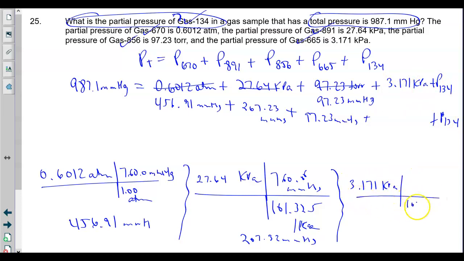I know there's 101.325 kPa for every 760 millimeters of mercury. When I convert that, I get 23.78 millimeters of mercury. So this is going to be 23.78 millimeters of mercury. Let me make that a little more legible.